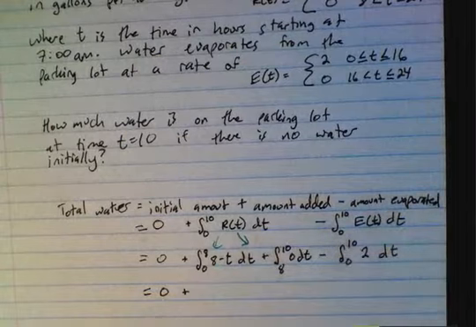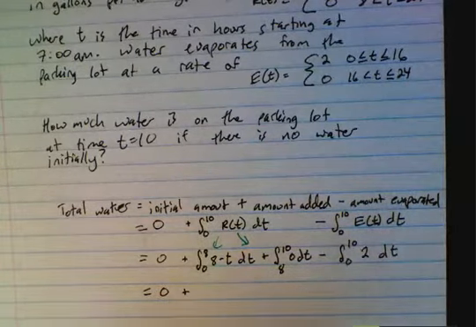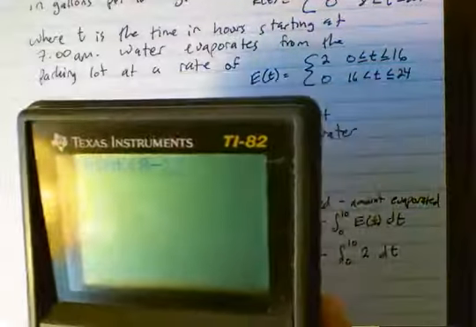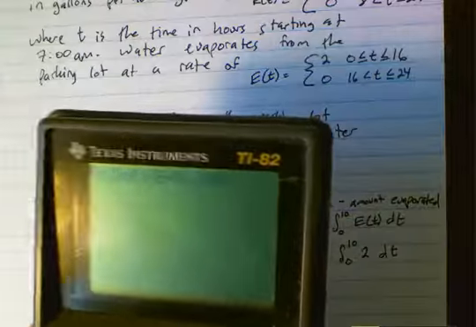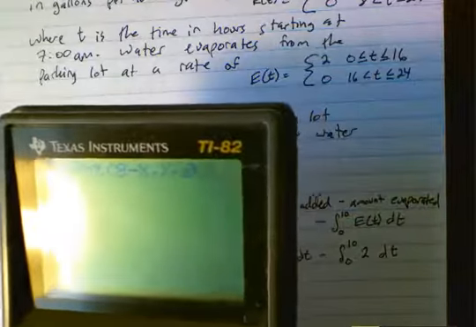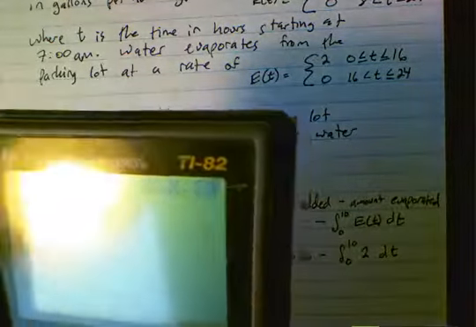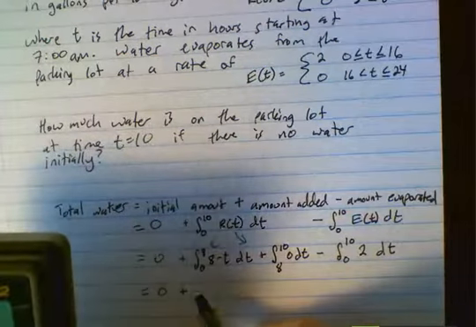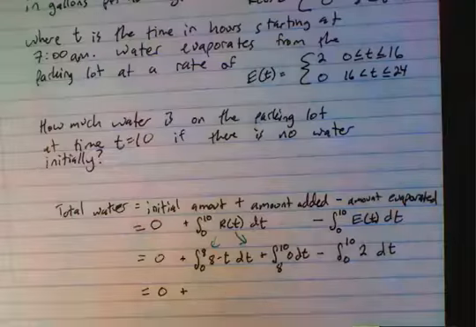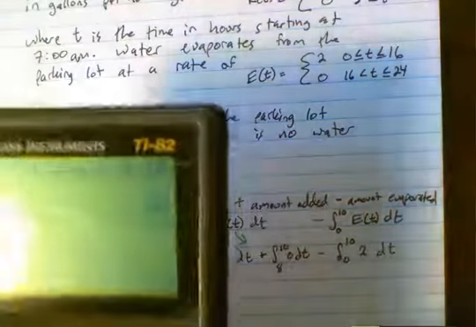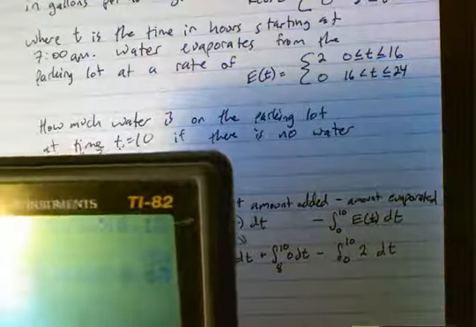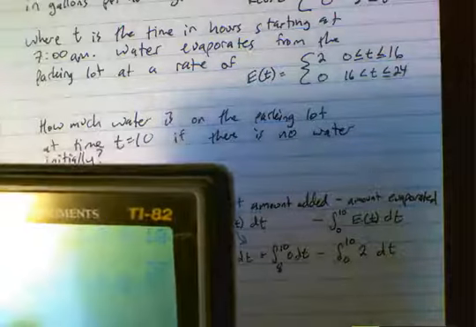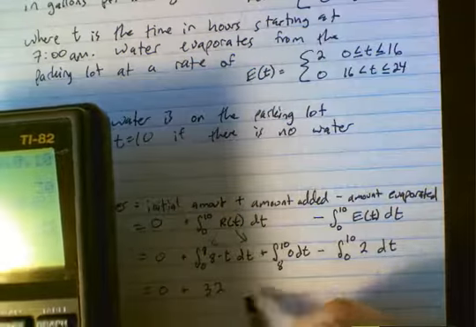This we can just use the finite integral for, Math 9, 8 minus t, or x, same variable, from 0 to 10. Try that again, that's 0 to 8. Okay, so that's 32.